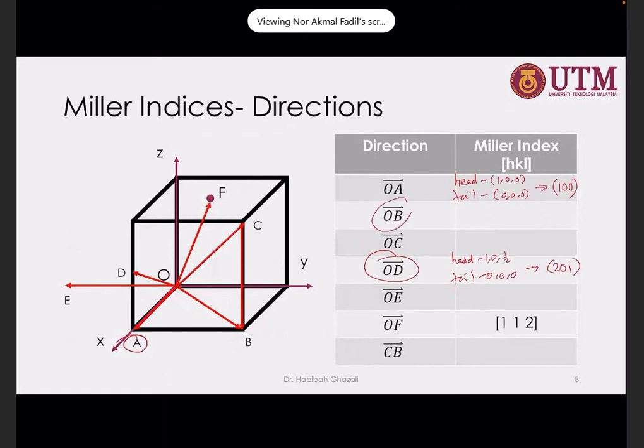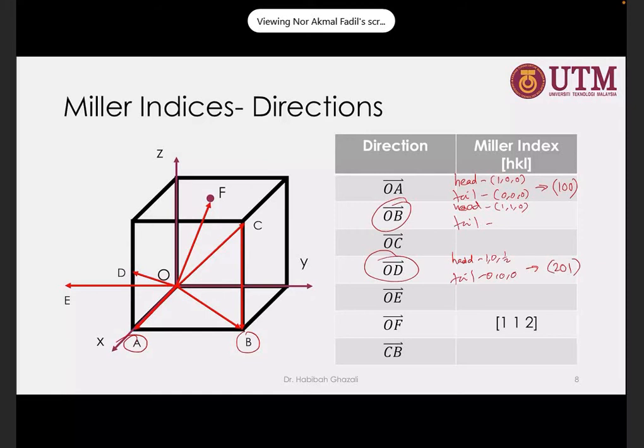What about this one, CB? 110. Are you sure? Okay, let's do it. Look at it. Head, what is the coordinate for head? 1, 1, 0. Good. Tail.